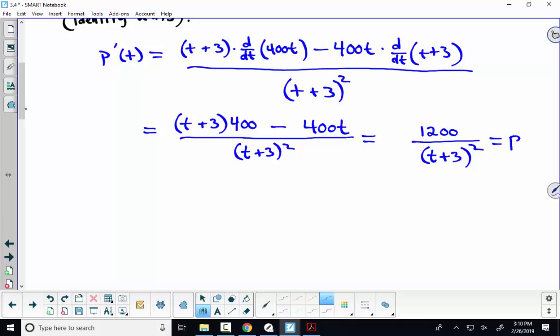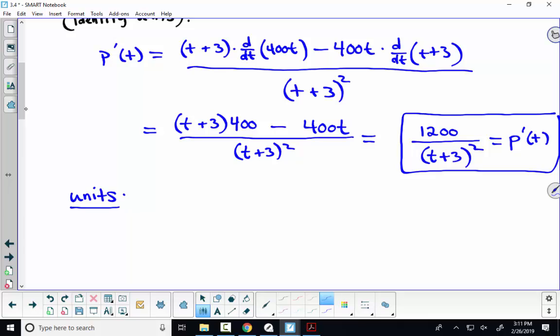So now this function tells us that if I'm given any time, I can measure how quickly this population of cells was growing. I don't think we've quite talked about the units of the derivative yet, but now we need to. When we take a derivative, what are the units? Something over something else. Right?